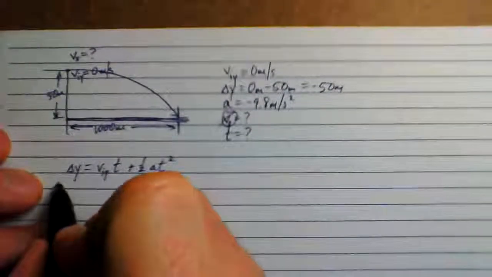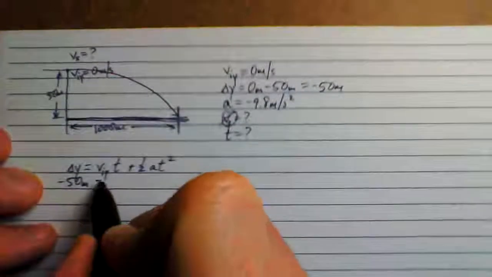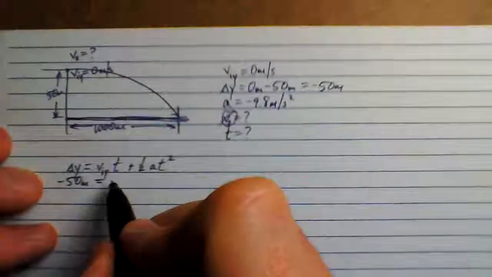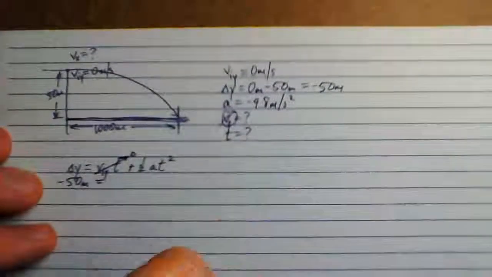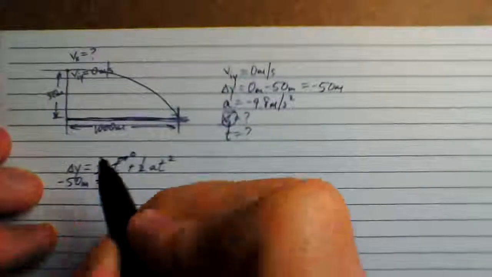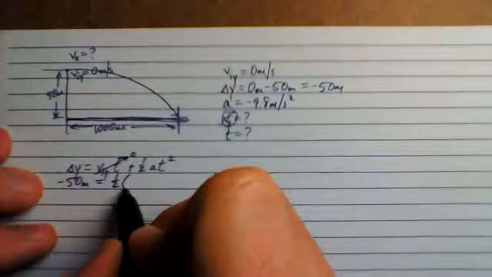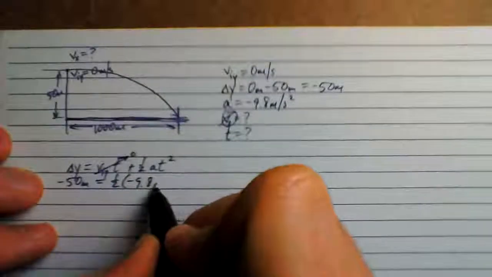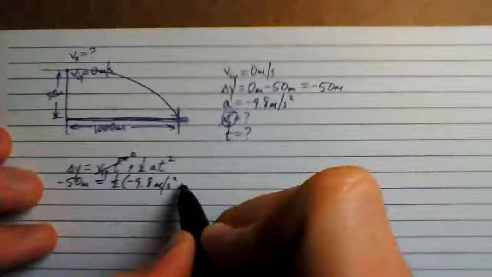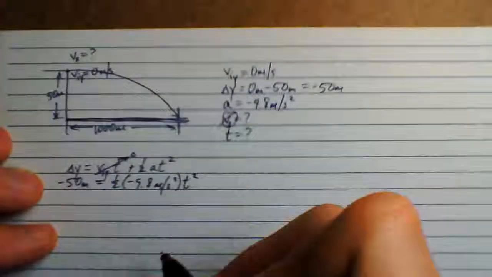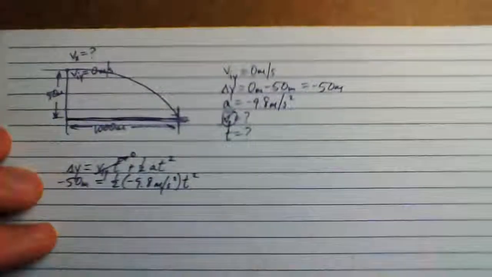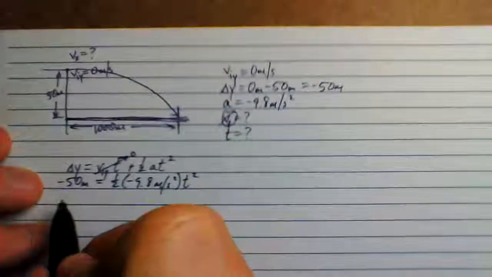So delta y is negative 50 meters because it is going down 50, and that equals VIY is 0. So I'm going to go ahead and just cancel those out and not even bring them down. Plus 1/2 times negative 9.8 meters per second squared times t squared. Do not forget that your t is squared here.